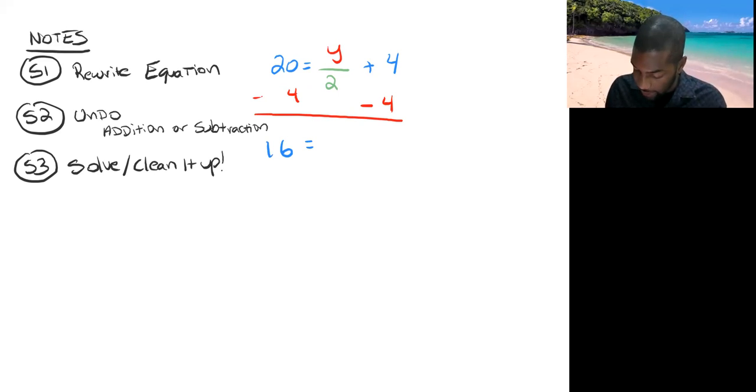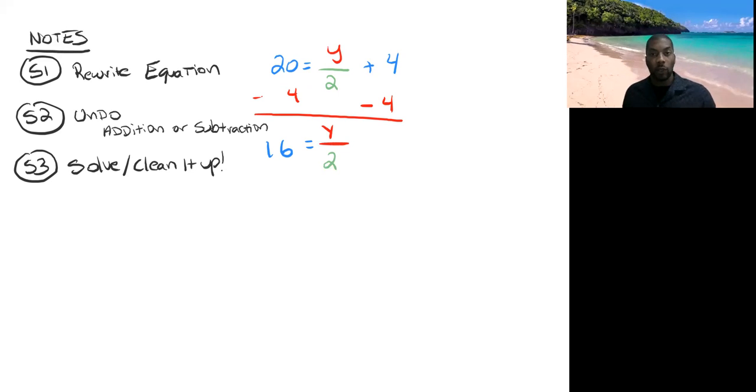No, so we just rewrite that. Y divided by 2. 4 minus 4 is 0. So I don't even really need to write a 0 because that's just a waste of space. So now I have 16 equals some number divided by 2. Well, some of you could figure out what that answer is going to be, but for the rest of us, let's keep going.